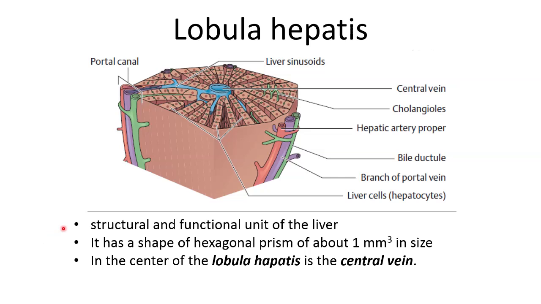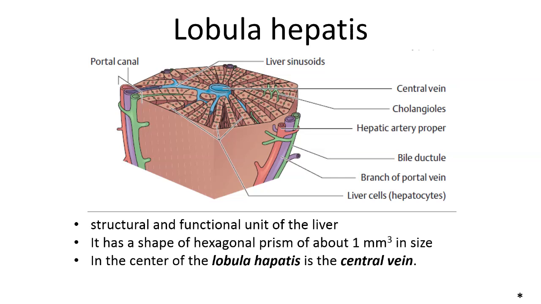We can see that in the center of the lobule we can find the so-named central vein. Here it is. So practically all tissue is arranged around this central vein.